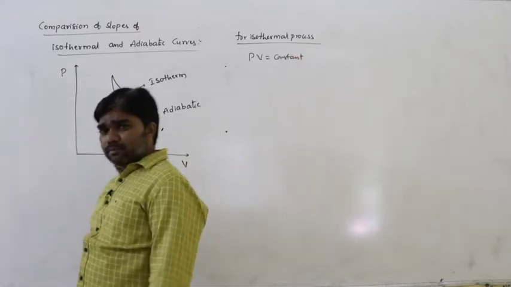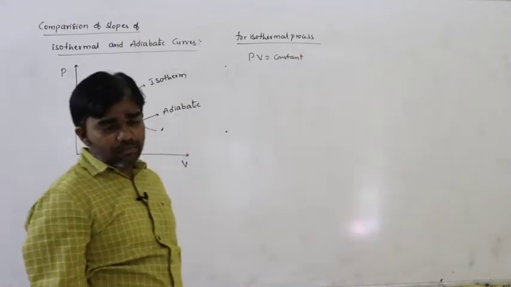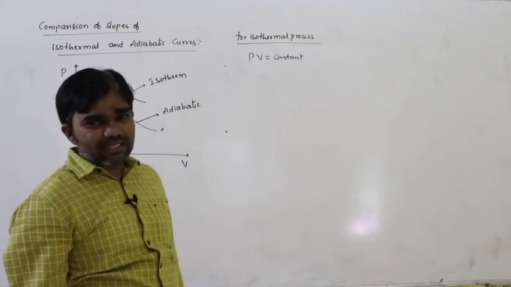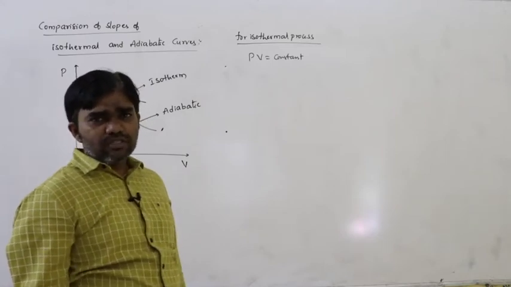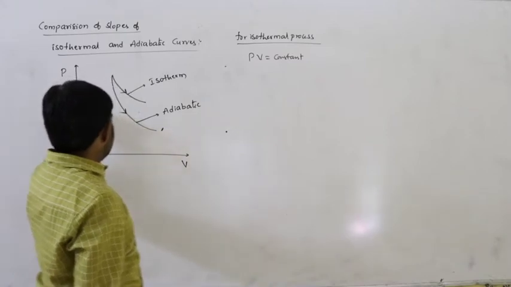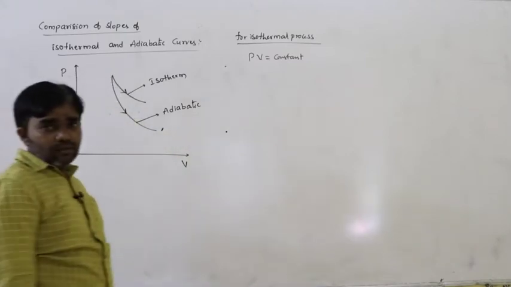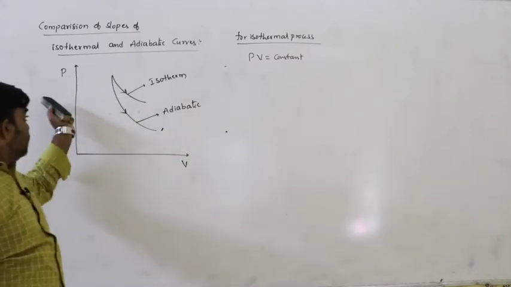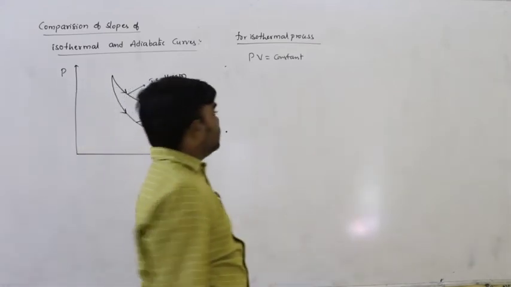Slope in the sense y component by x component, change in y by change in x, or dy by dx. Generally the slope formula is dy by dx. Here we can write dP by dV. Here we have to find dP by dV, that we have to calculate.